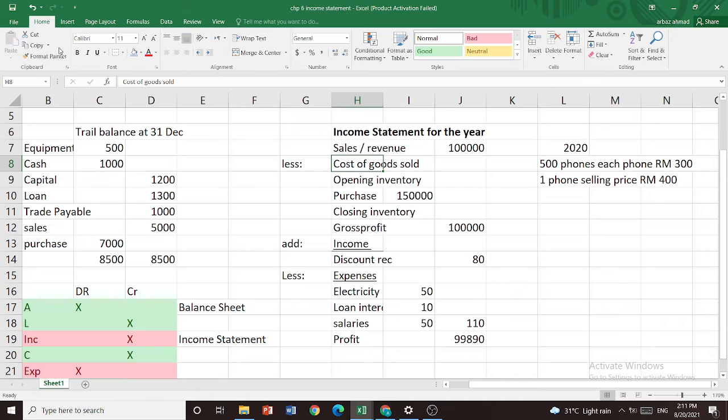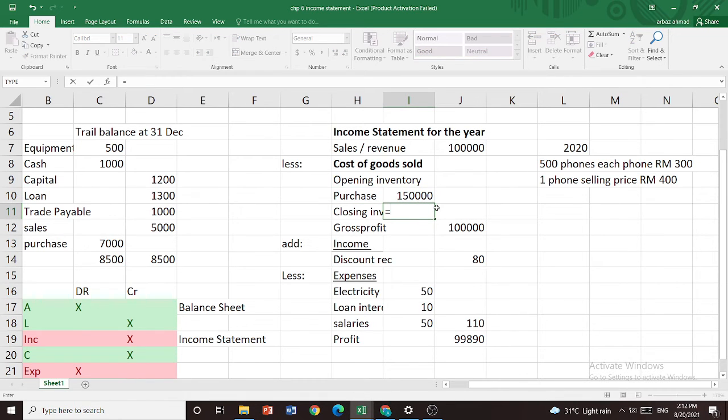Now this is a heading, no amount in front of this heading. Just like the income and expense headings, no amount in front. Opening inventory, okay, first go to closing inventory. Let's say you were not able to sell 250 units. You bought 500 units here, but you only sold 250.